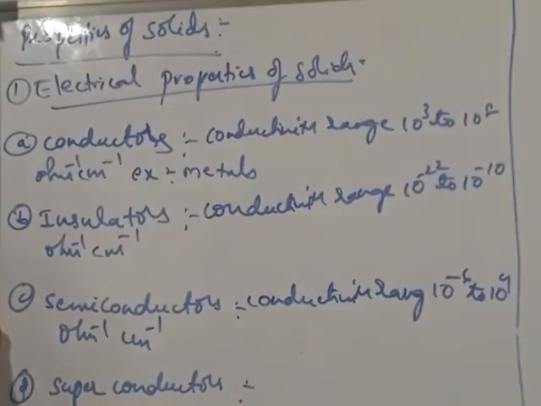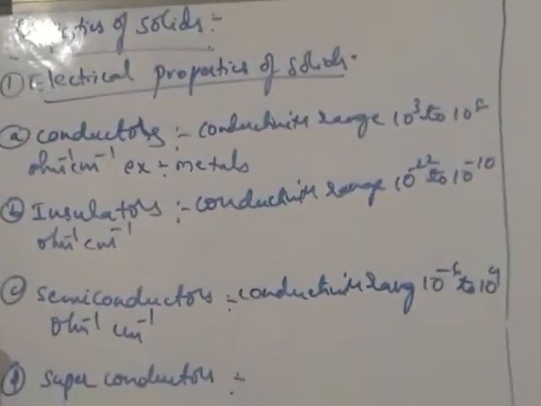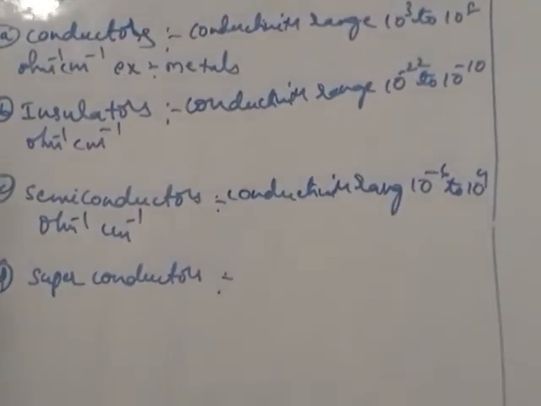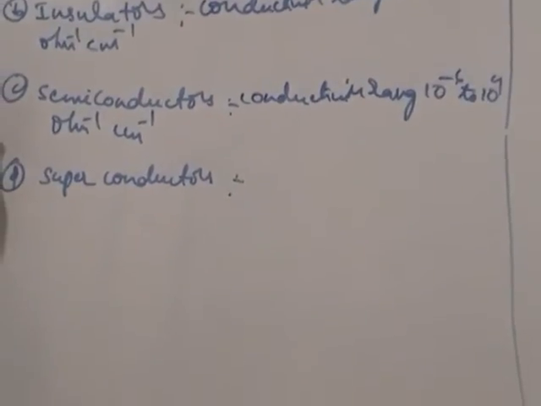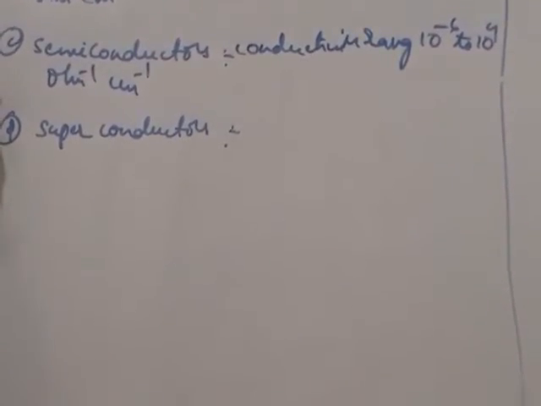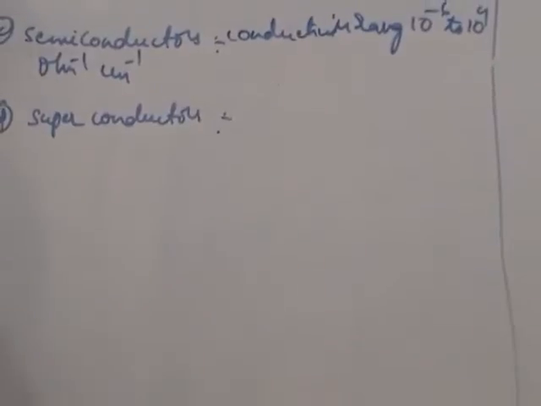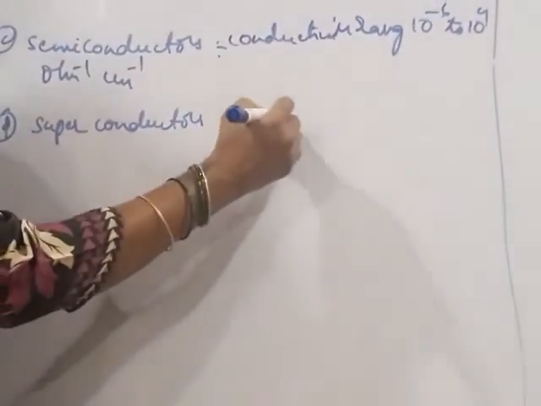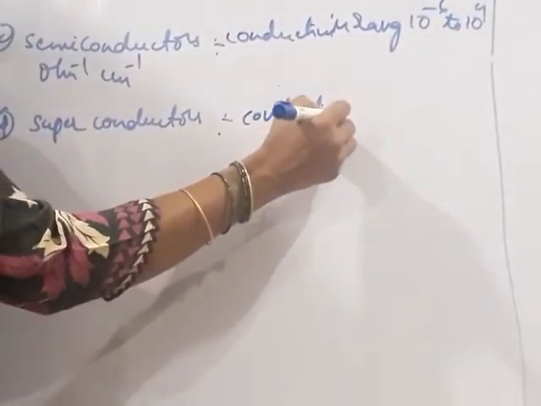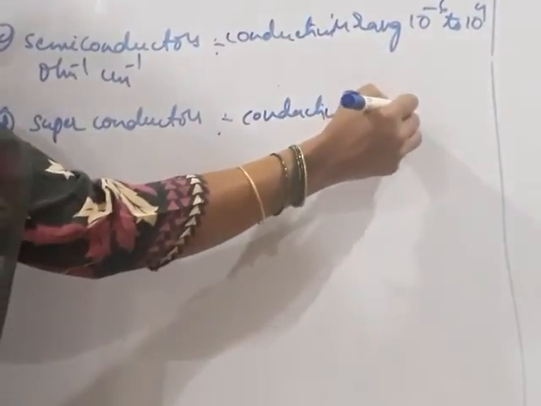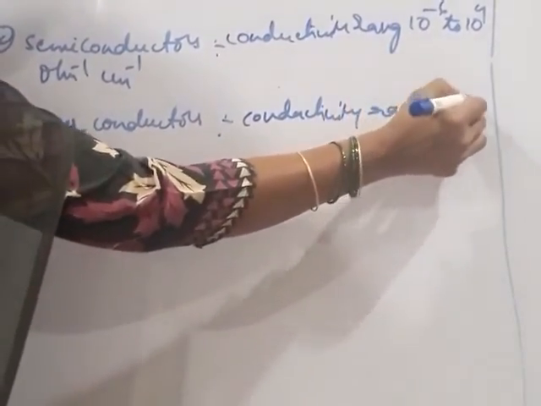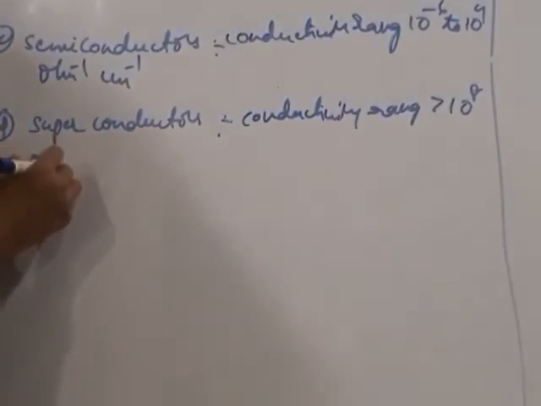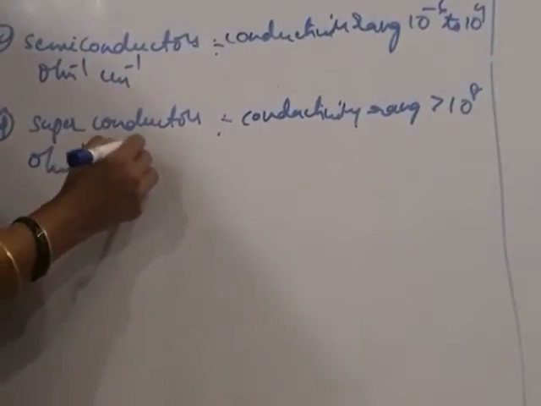Then the last one, superconductors. These are the solids whose conductivity range is greater than 10 to the power of 8 per ohm per centimeter.